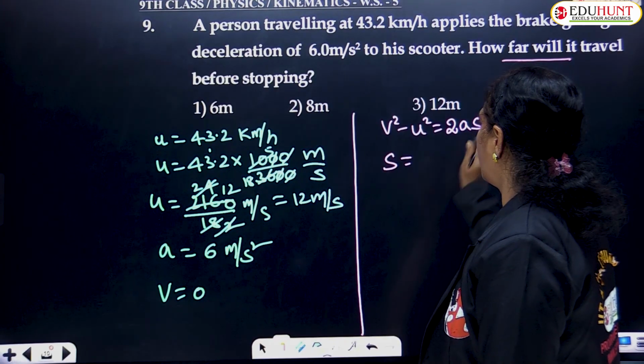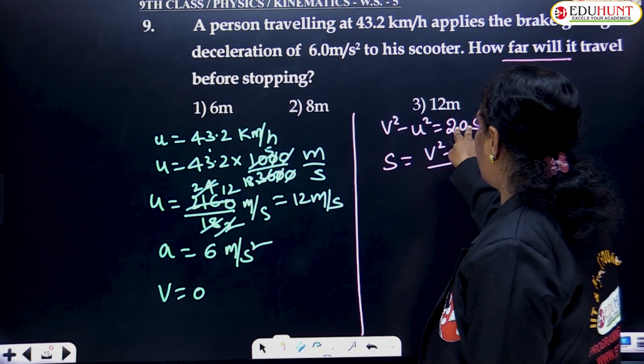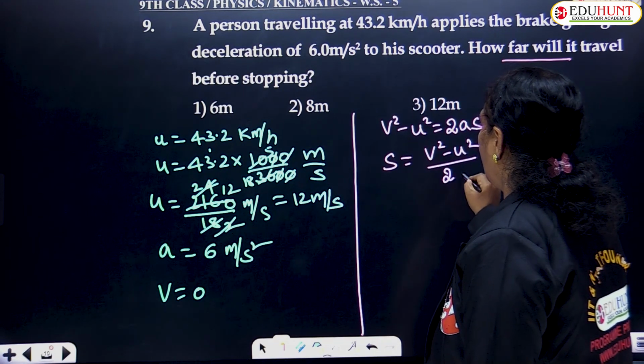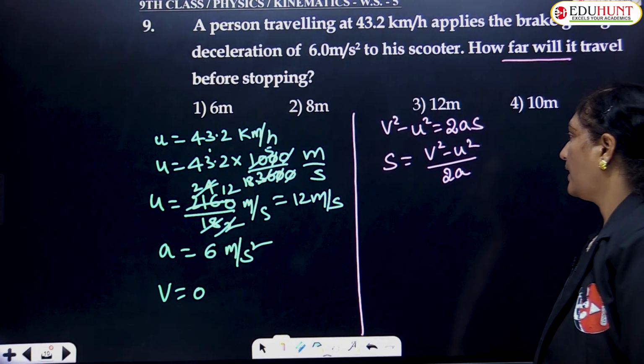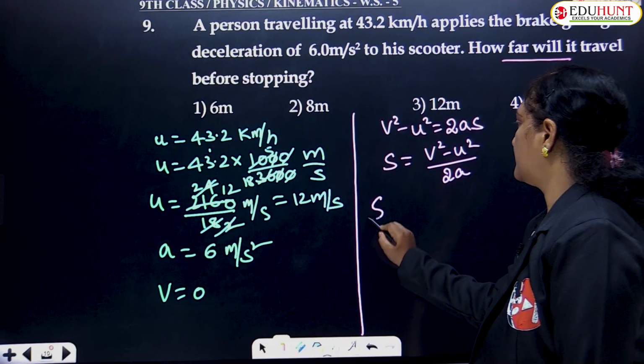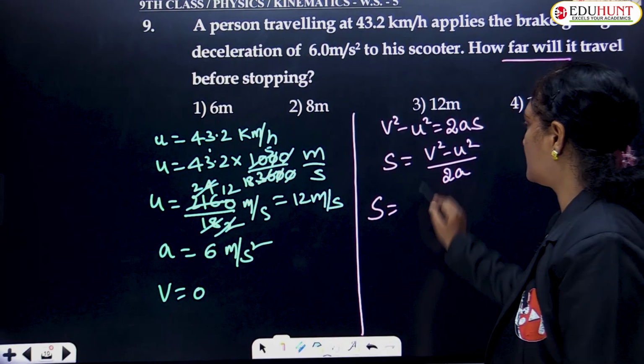Hence S can be written as V square minus U square by 2A, bringing the 2A to the other side. So S is equal to V square minus U square by 2A. Before stopping, the final velocity is 0.